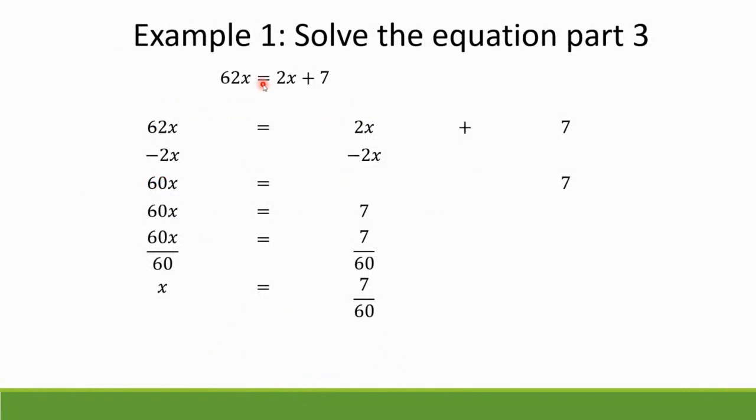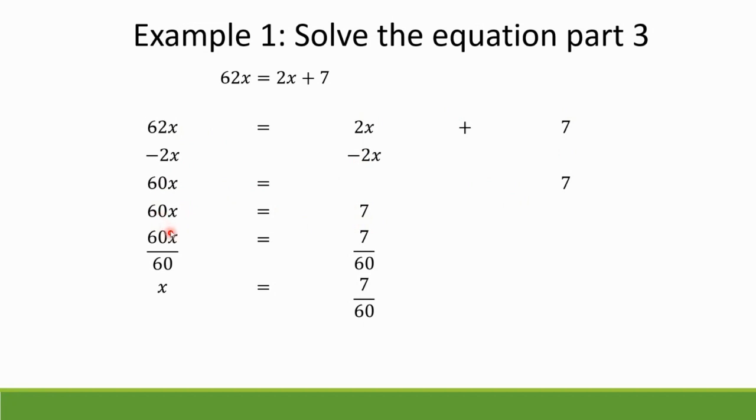Great. So how do we do that? Remember, we must get x all alone. So we subtract 2x from each side. We get 62x minus 2x, that's 60x. The 2x here is gone, and we're left with 7. So 60x equals 7. We don't want 60x though, we just want x.